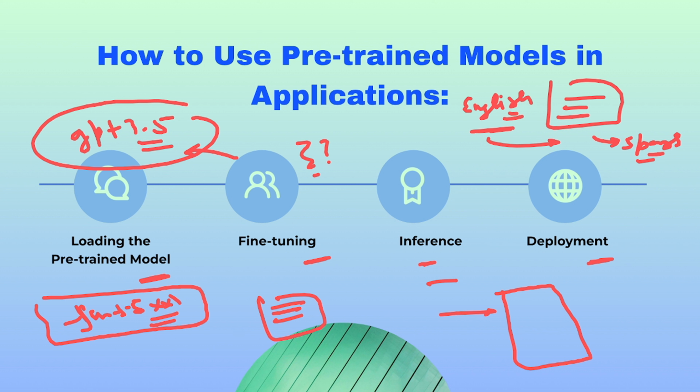But if there is a specific task, like here we were asking about our office data, GPT 3.5 turbo is not trained on our office data. So in that case, it will not be able to answer questions or queries related to our office members. So that's why we have to fine tune it. If it is not needed, you can also skip these steps.